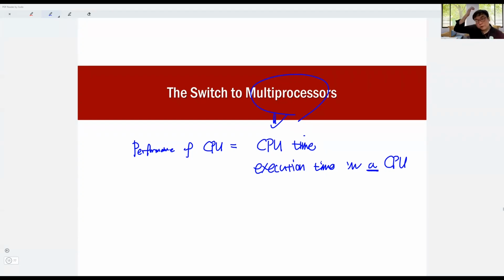Actually, when the Dennard scaling is maintained, then we can increase the performance of a single CPU as we use the advanced CMOS technology. So the power consumption is the same because the power density is the same, but performance is increased when the Dennard scaling is maintained. But recently, Dennard scaling is not maintained because of leakage current.